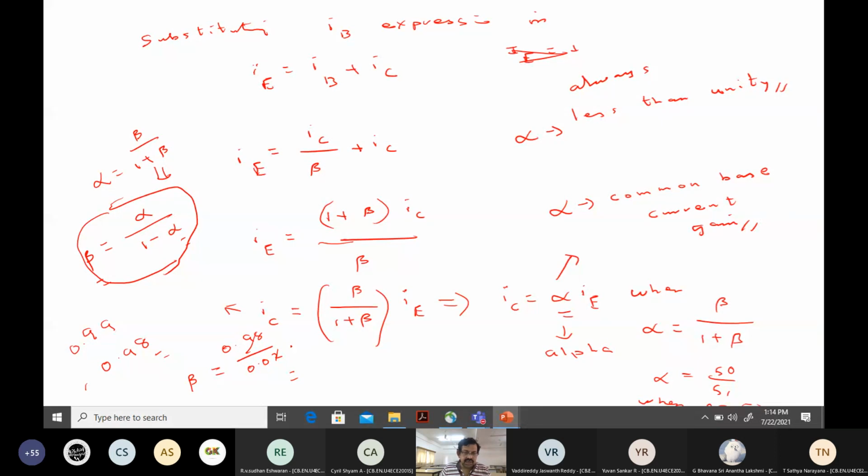You can multiply by 100 in both, so it will become 49. Whereas earlier it was actually 0.99 divided by 0.01, that will be equivalent to 99. So beta goes almost half when alpha is varying in second decimal. So that much sensitivity is there.